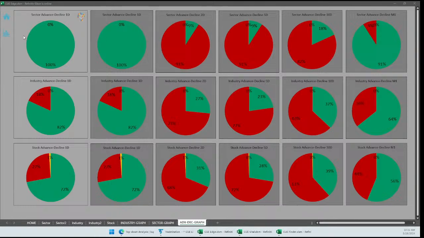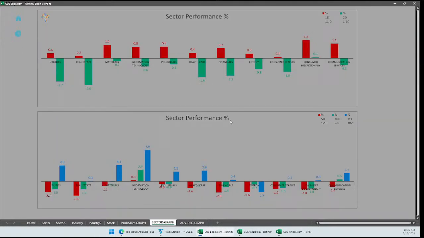Especially for today, if you look at the bar charts now and focus on this graph, sector performance 1 day, and compare it with 2 day. The 2 day bars are in green color. Over the 2 day period, 10 sectors are still down. Only one is up, that is up by a very small percentage.